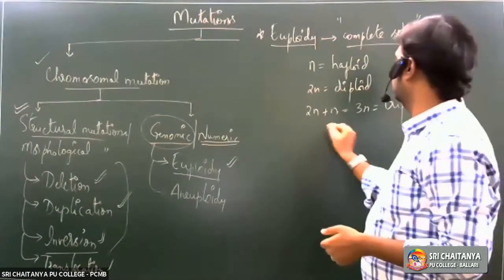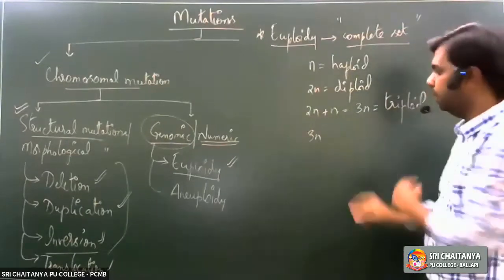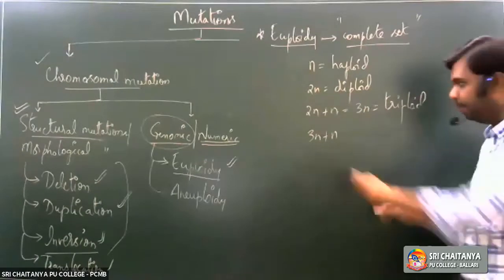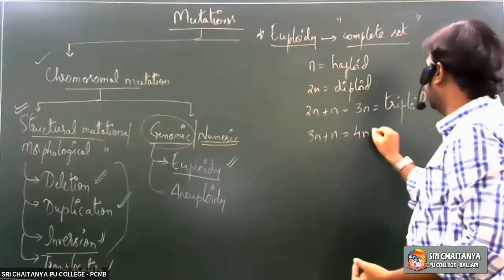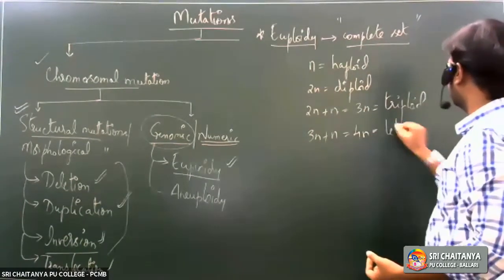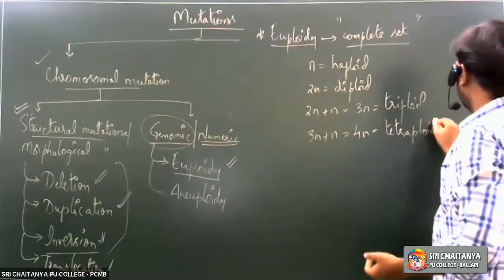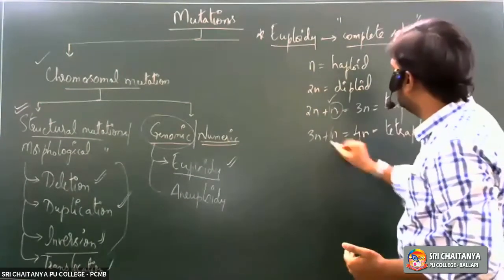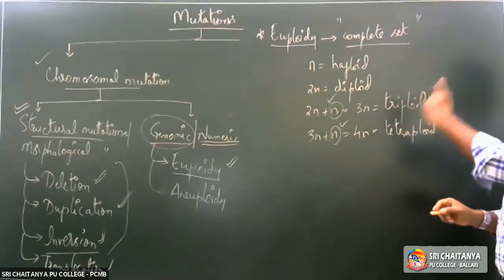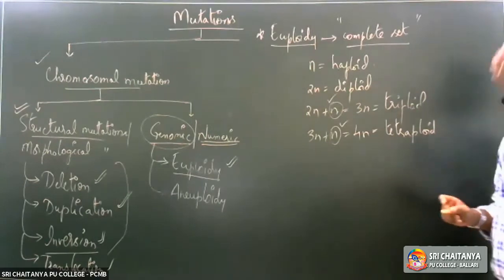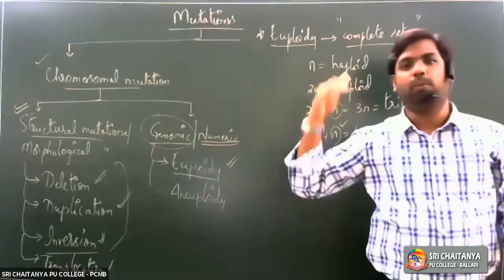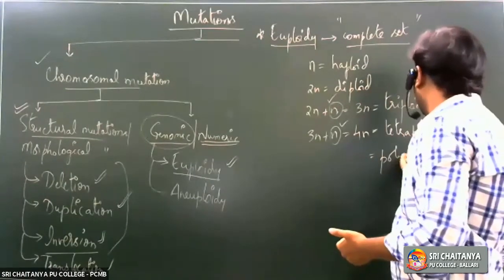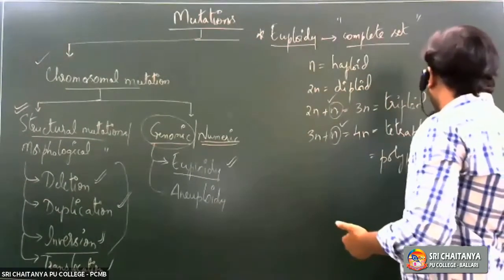Again, if to the triploid one more complete set of chromosomes is added, then we call it tetraploid. If it goes on like that, with one complete set added each time, we call it euploidy. If it goes on like this, we call it polyploidy or polyploid condition.